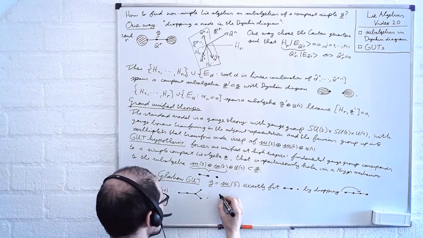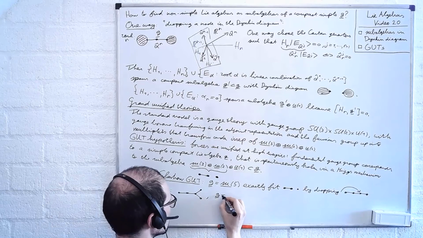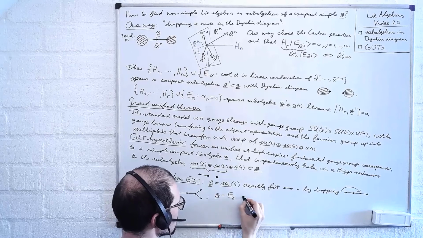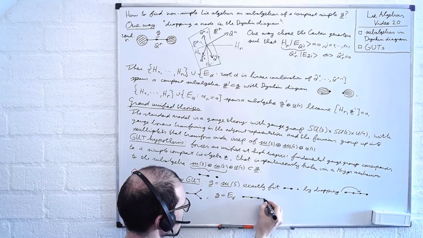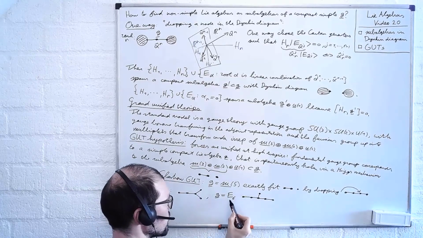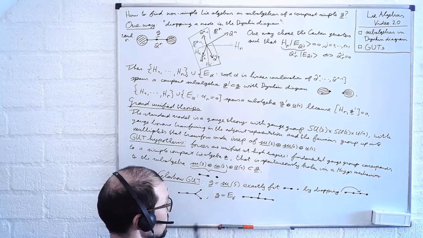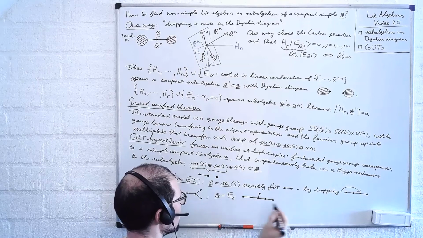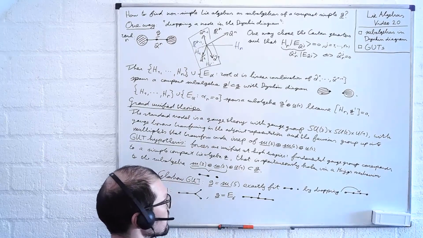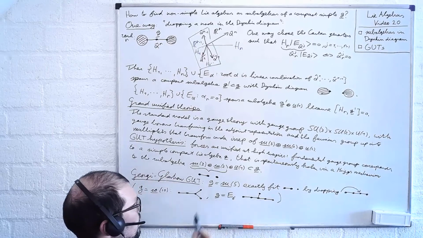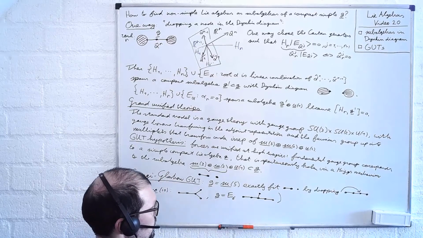People have also looked at G is E6. So this is the Lie algebra of this form. This is an example of a grand unified theory based on one of these exceptional Lie algebras that we found in the classification of Lie algebras. And even people are looking at E7 and E8, or larger versions of the special unitary groups.